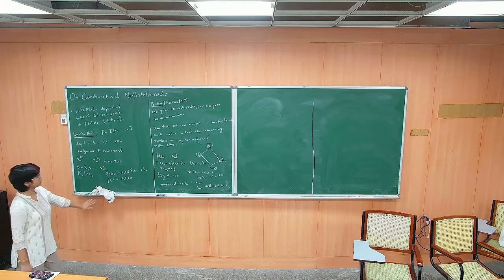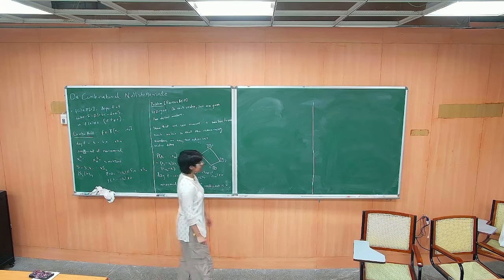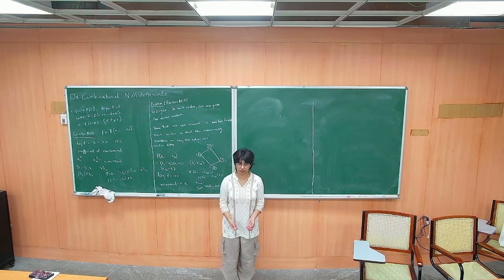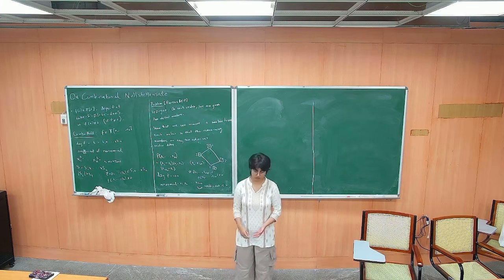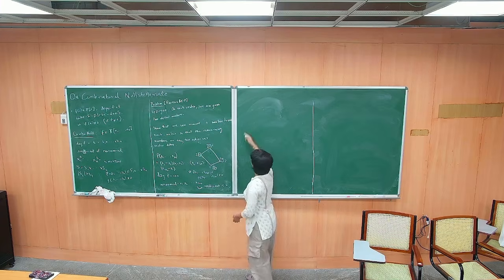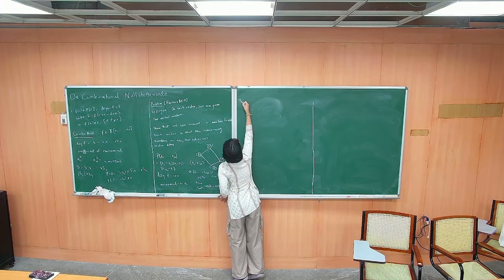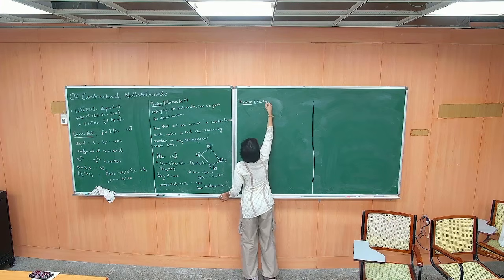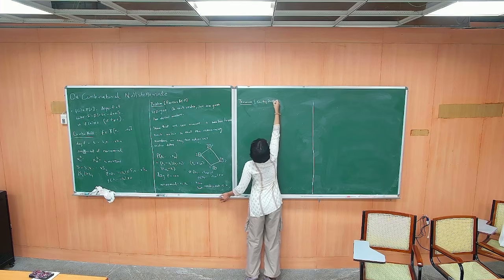Okay, so this thing is nice. Next is another nice combinatorial object you'll see. The theorem is called Cauchy-Davenport. Very fancy name. It's by Cauchy and Davenport.